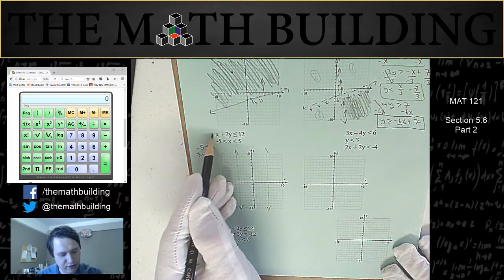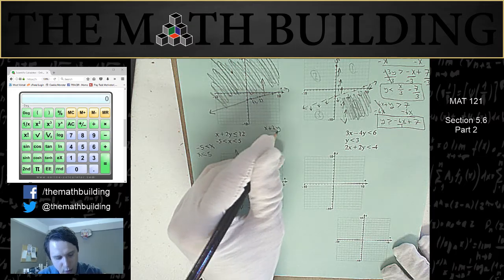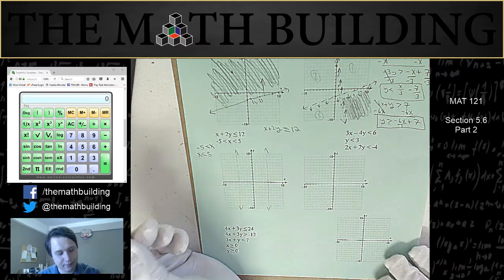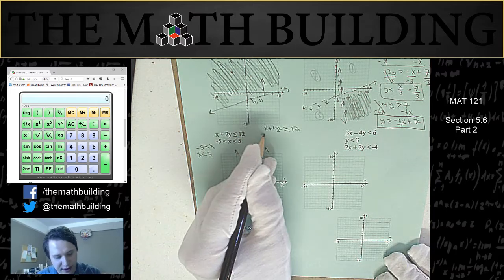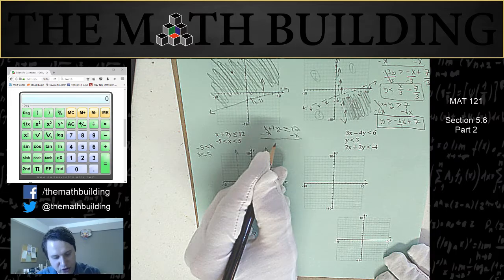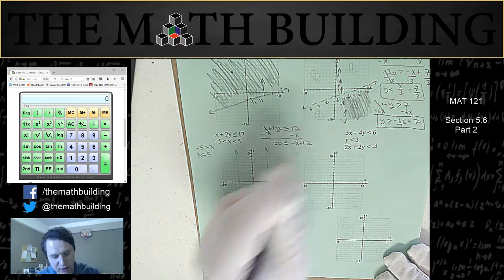Okay, let's solve this inequality for y. So it's x plus 2y is less than or equal to 12. We need to solve for y, so we subtract x on both sides, which gives me 2y is less than or equal to -x plus 12.